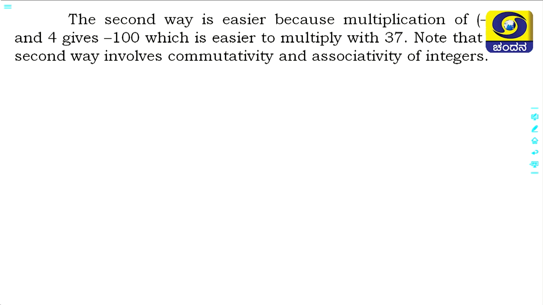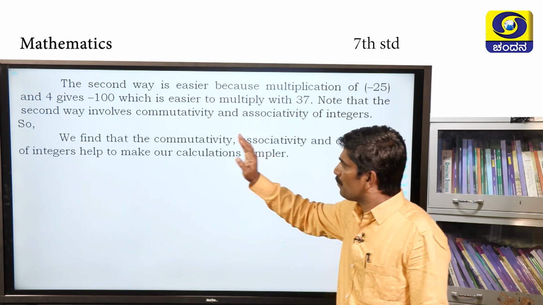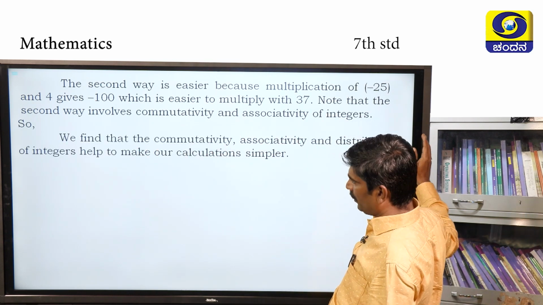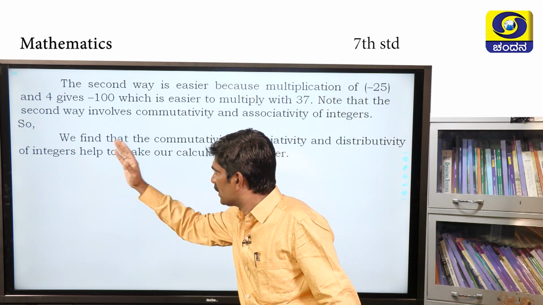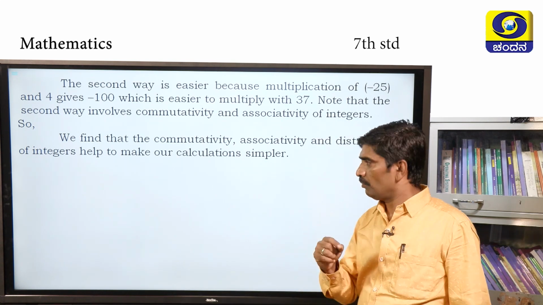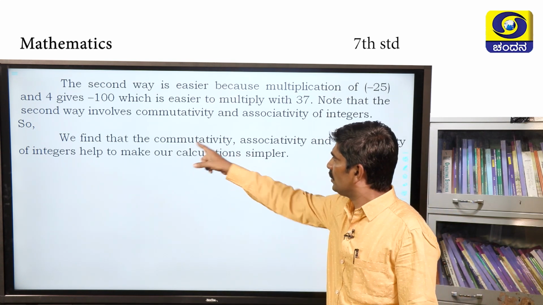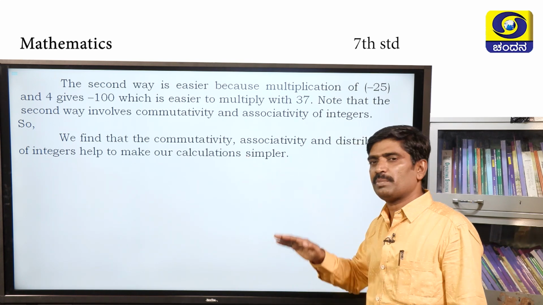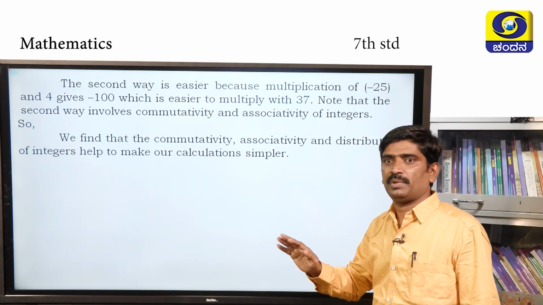Note that the second way involves commutativity and associativity of integers. We find that the commutativity, associativity and distributivity of integers help to make our calculation simpler. Why do we know these properties? Because they make calculation simpler.